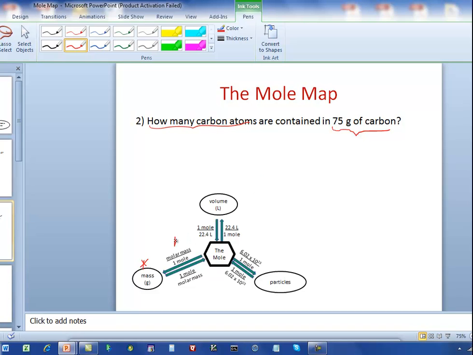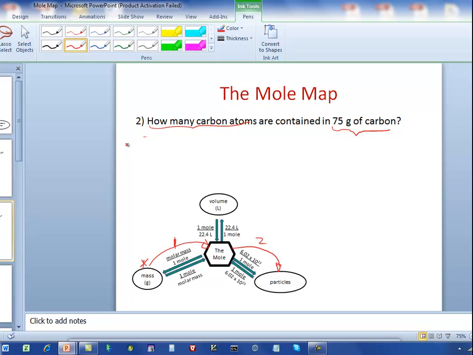So step one is we need to get from mass to moles, and then step two is get from moles to particles. Okay?